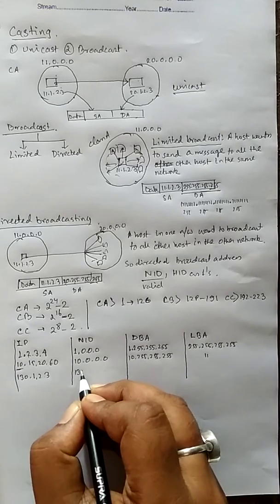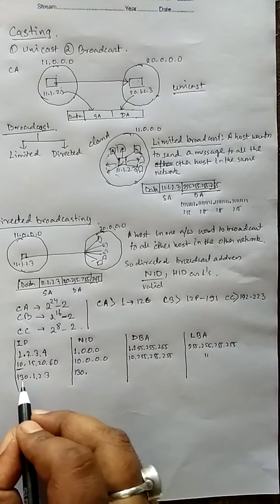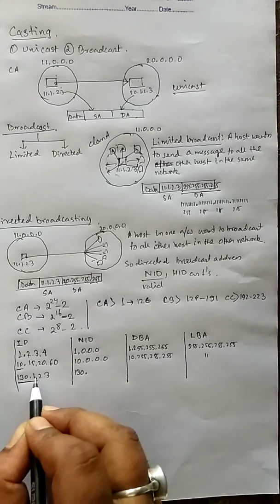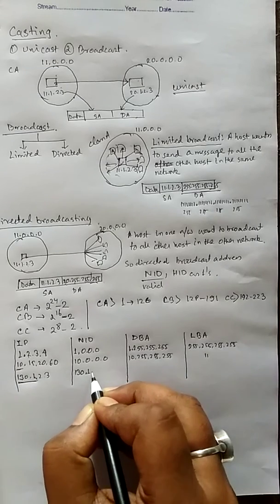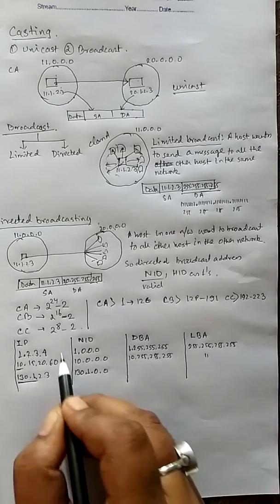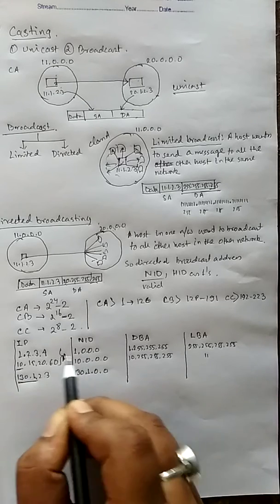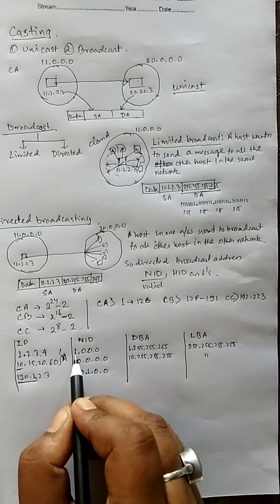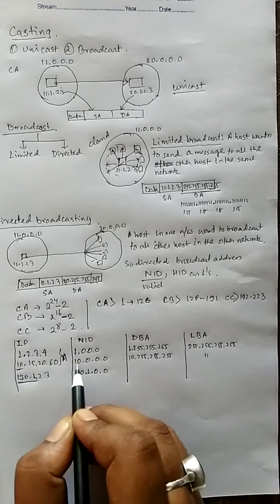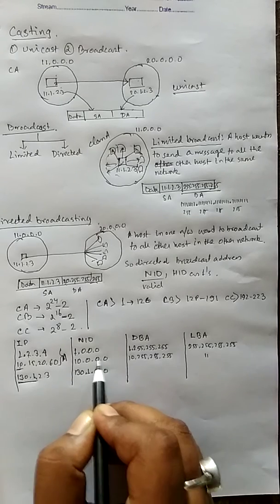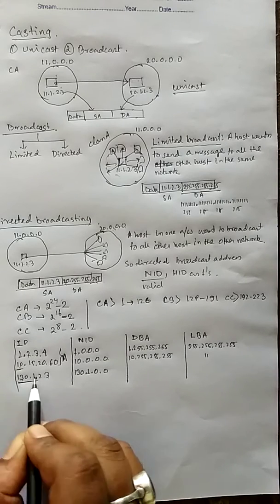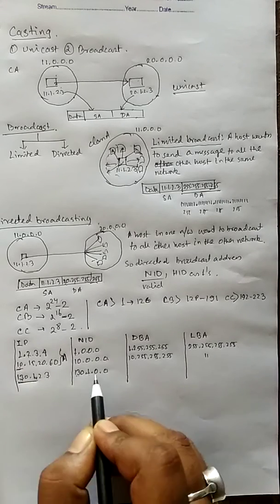This is a class B address, so the first two octets will be the network ID and remain intact, and the remaining 2 octets will be 0.0, so 130.1.0.0. For a class A address, we take the first octet the same and the remaining three octets are zeros, like 10.0.0.0. For class B, we keep the first 2 octets the same and the remaining are 0.